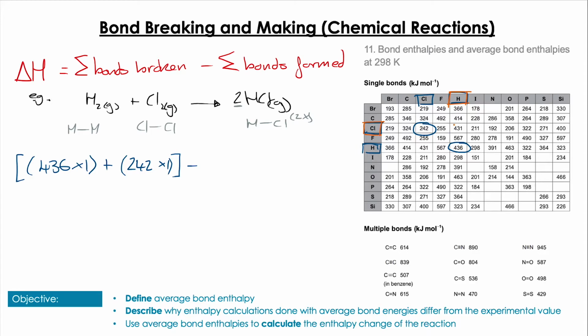Then we do 2 multiplied by H and Cl where they cross over, which is 431 times 2. Then we just sum the total of this expression, which will give us the overall change for this reaction, which is equal to minus 185 kilojoules per mole. So as long as we're able to draw our Lewis structures of the molecules in question, we should have a pretty simple calculation to do.